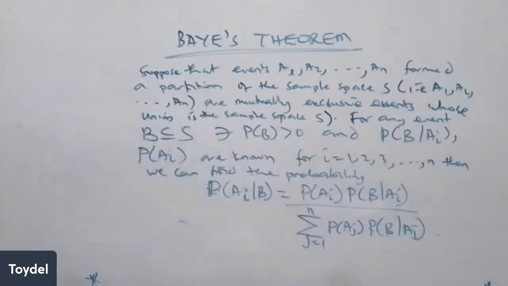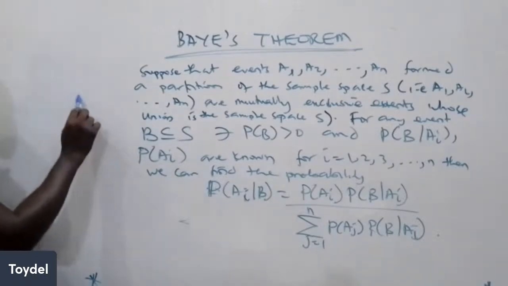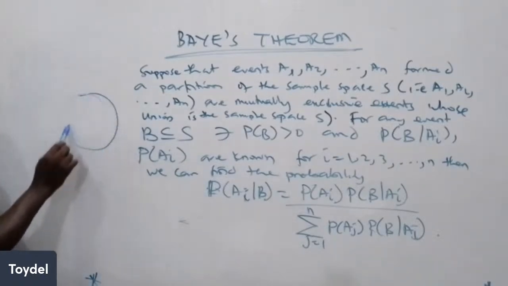That's what we have. So let's look at the theorem very well. Under Bayes' theorem, it says that suppose that events A1, A2 up to AN form a partition of a sample space. Of course, the sample space is like the universal set. So inside the sample space, we have A1, A2, something of this nature. Let's say this is a sample space.